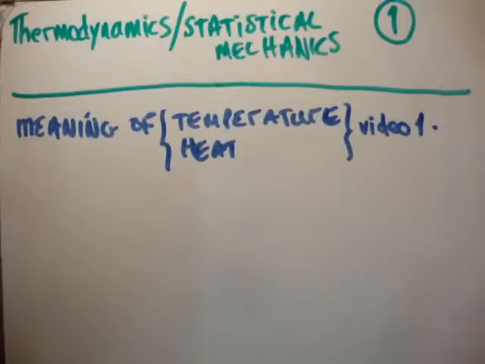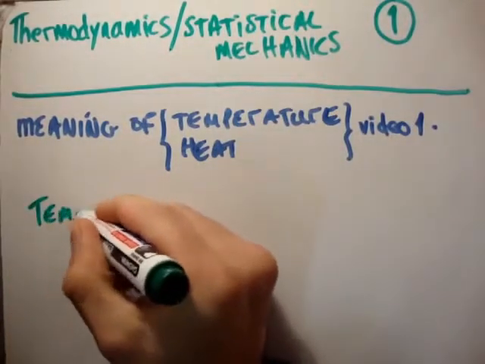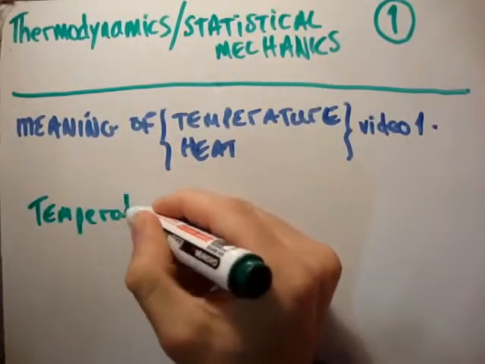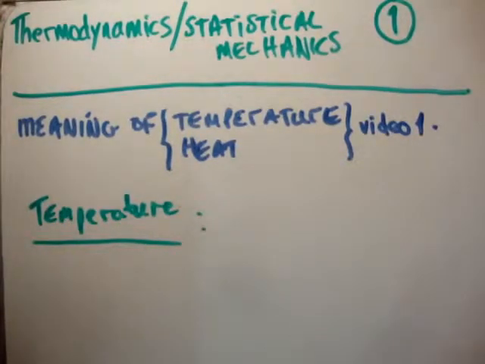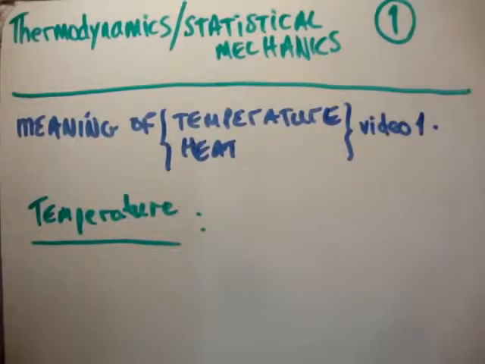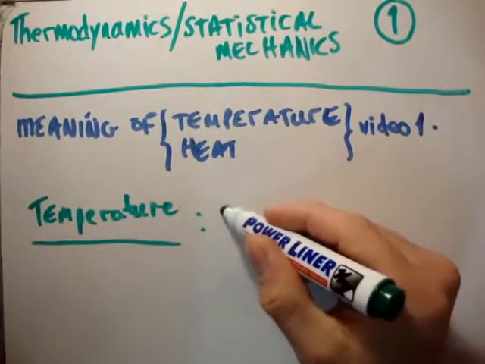So for that reason this is very general and very basic. So let's first of all talk about temperature. Okay, what is temperature? I'm going to say that temperature is the thing that is the same for two objects when they have been in contact for long enough.